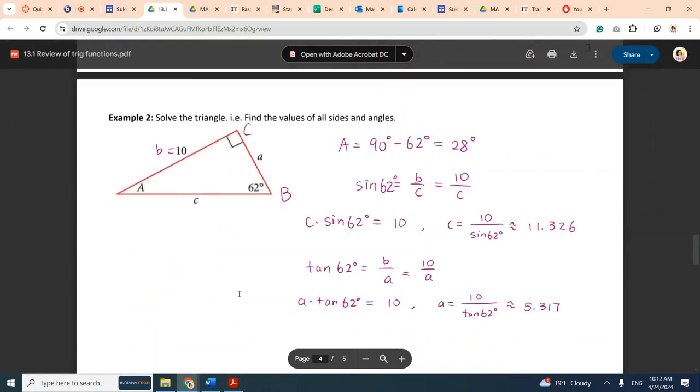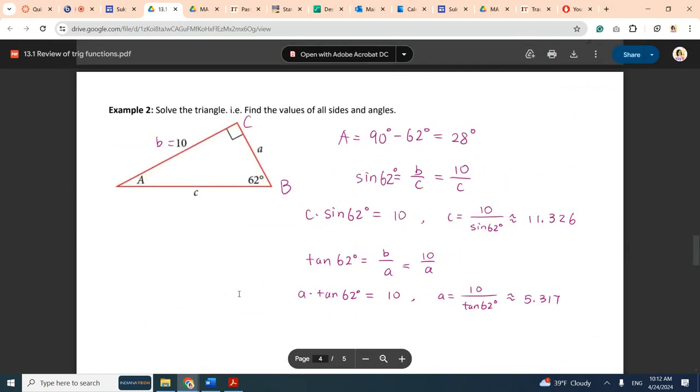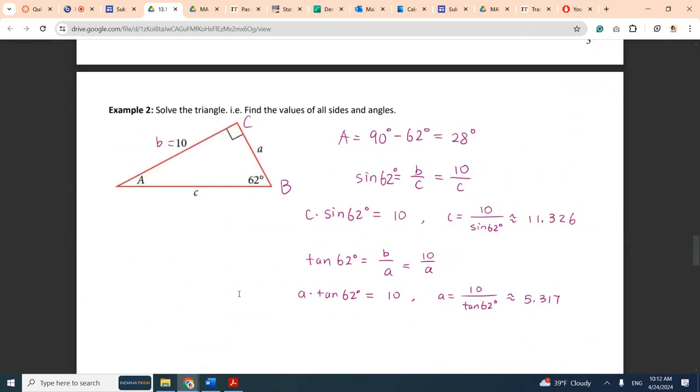Okay, now let's continue. How do we solve a triangle? Like this problem. First, we label all the vertices and the sides, and because the angle C is 90 degrees, right, everybody? For this section, I need your attention. I know you don't need to take notes, so let's go through it quickly, and then we can start the new section.